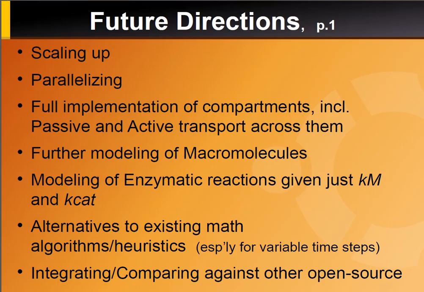They include, at least in the short term, things like scaling up, parallelizing, a full implementation of the features I mentioned before, like compartments and macromolecules, better dealing with enzymatic reactions, given limited knowledge of their parameters, better math algorithms and heuristics, integration and comparison with other open source software.